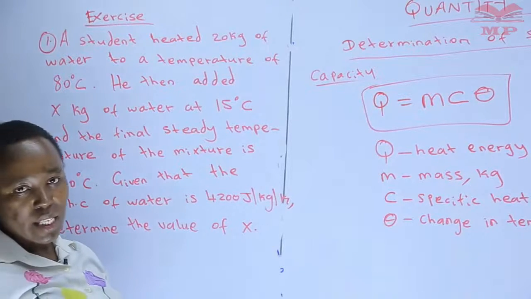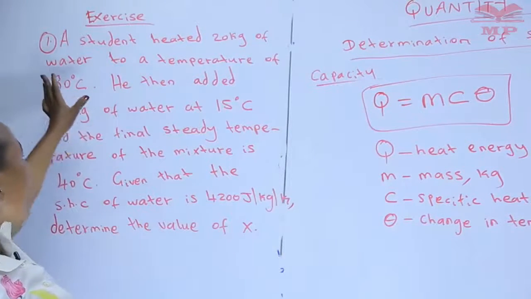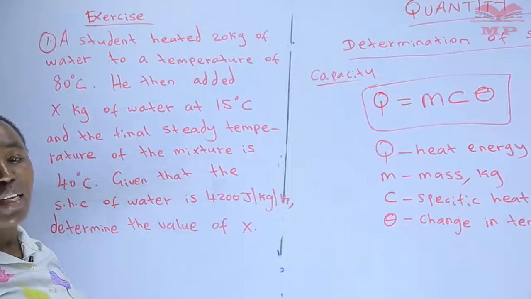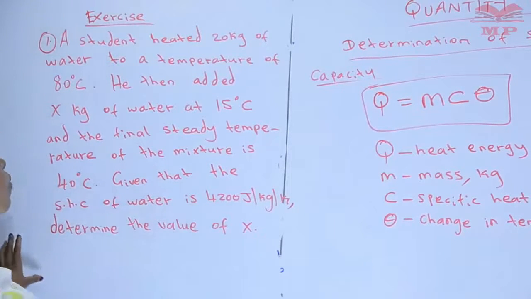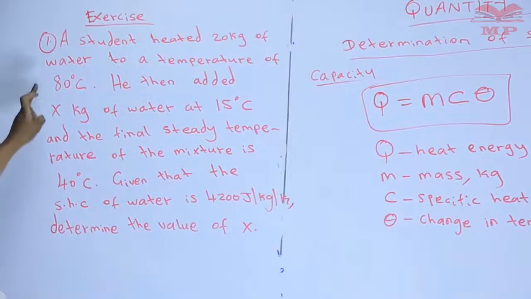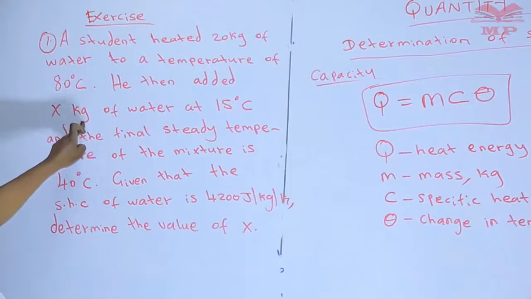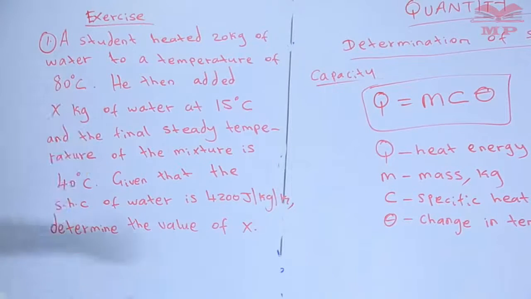value of X. So remember, here we are having two liquids. The two of them are water. The other one is, again, water. So here we have part of water. So we can say that we have some of this water, the 20 kilograms water, which is losing heat. And then the X kilograms water is gaining heat.